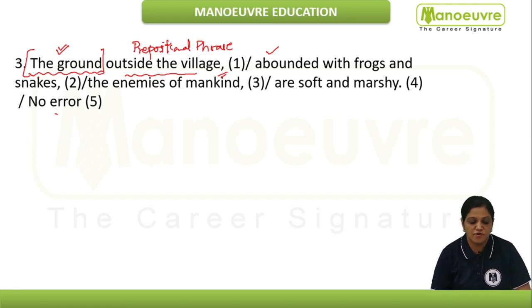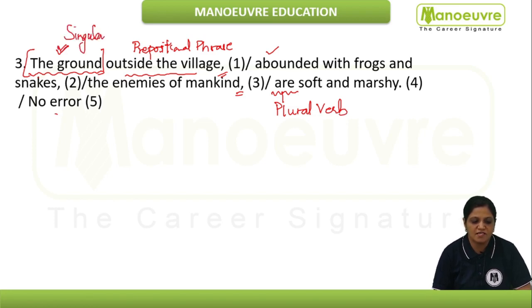We have one more clause that is added, the enemies of mankind. So we have to focus on the noun, and the verb is are, which is a plural verb. So we can see over here that the ground is a singular subject. Our subject is singular. Hence, our verb is going to be singular. So hence we can say that the error is in the fourth part of the sentence.